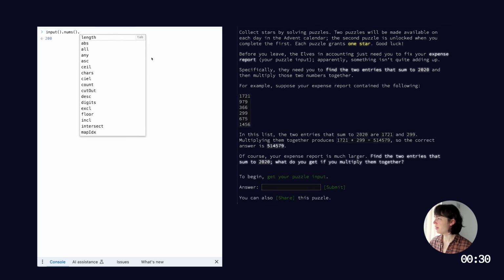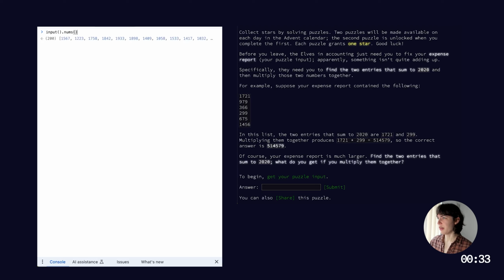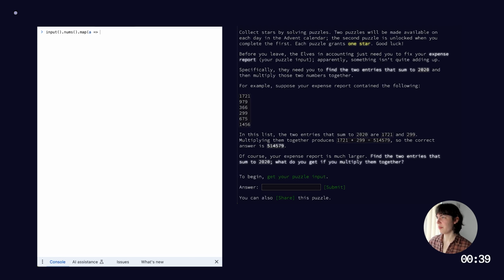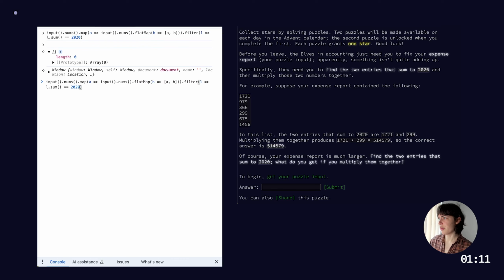They're not adjacent entries, so we need to go through each one. 2020. Okay, you want to go? We've got nothing there. Fine, let's try it again.